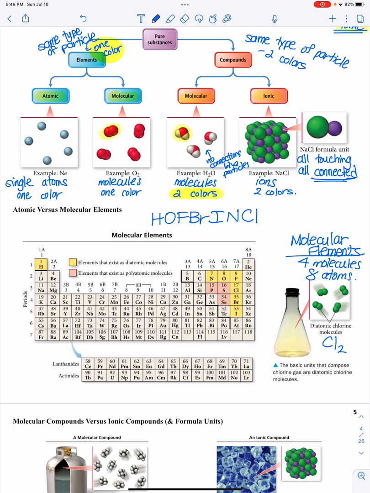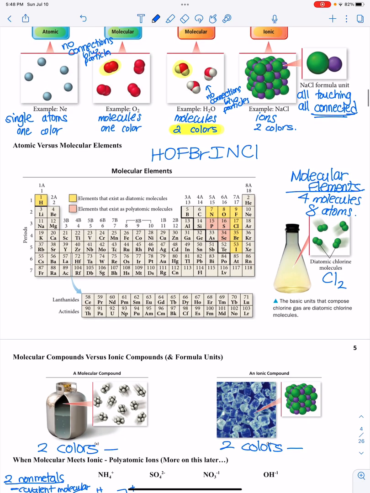And then, of course, atomic and molecular elements, there are no connections between particles either. It's just empty space there. And now to further talk about atomic versus molecular elements, there are going to be 7 elements that you need to recognize and know are molecular elements.